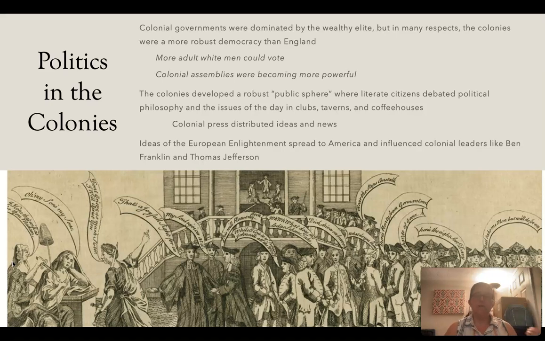They thought that those principles could be applied to political life and social life. They believed that reason, not religion, should govern human society. And these ideas would prove to be enormously influential in the colonies, and they were adopted and refined by colonial leaders like Benjamin Franklin and Thomas Jefferson.